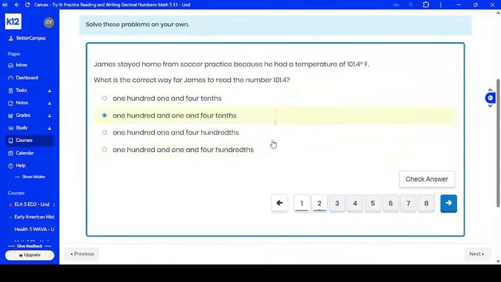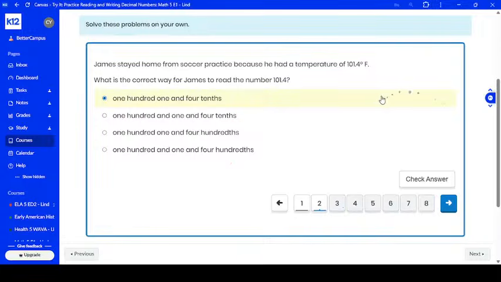10, 9, 8, 7, 6, 5, 4, 3, 2, 1. Let me check the answers. A?